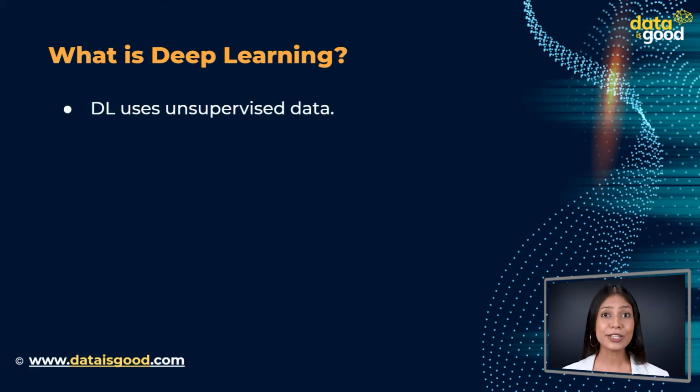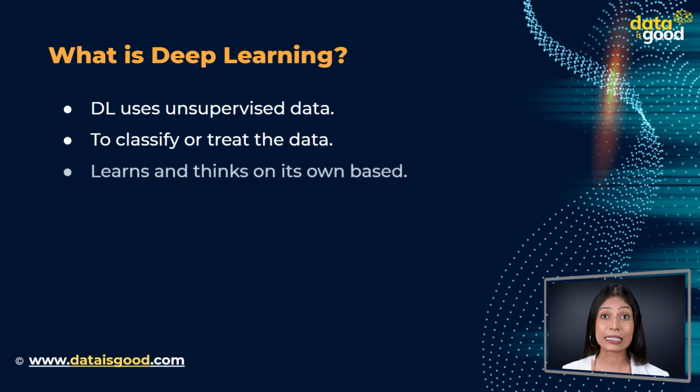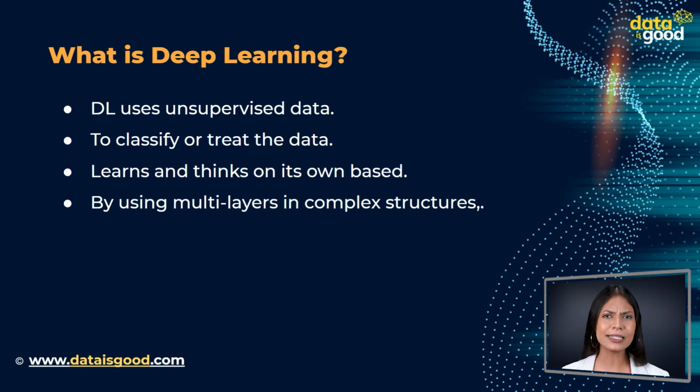There is no need to feed the computer with how to classify or treat the data because it learns and thinks on its own based on the algorithms of the deep learning scientist. It starts gaining experience by using multi-layers in complex structures, just like our brain neurons do.